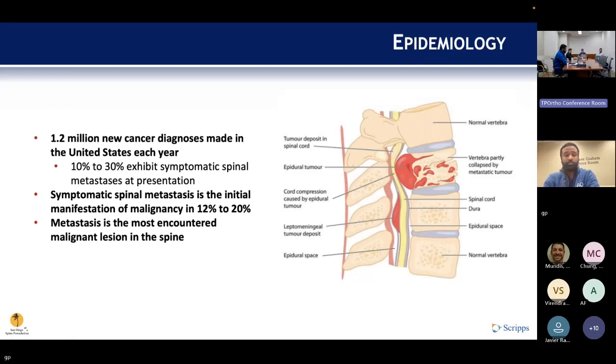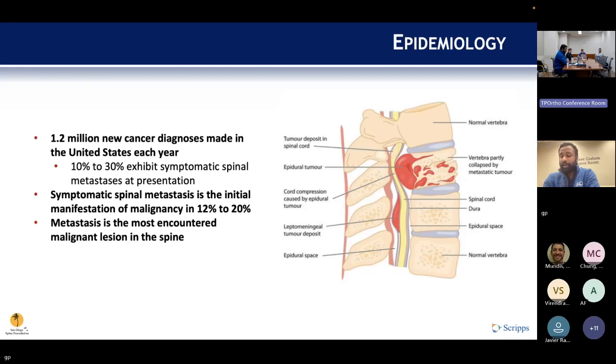Metastatic spine disease is important to recognize because the spine is actually the third most common site for cancer cells to metastasize to, following the lung and the liver. And obviously with this come important implications and significant morbidity. Some brief epidemiology: there are 1.2 million new cancer diagnoses a year, and 10 to 30% of these patients will have spinal mets at presentation.